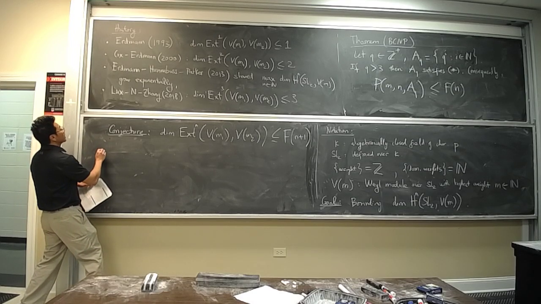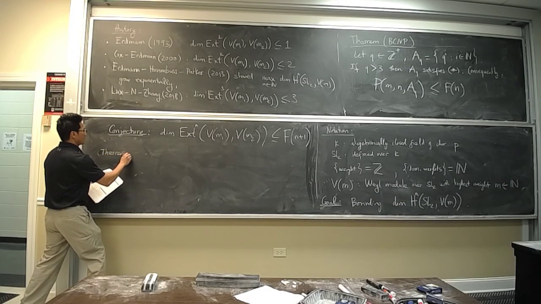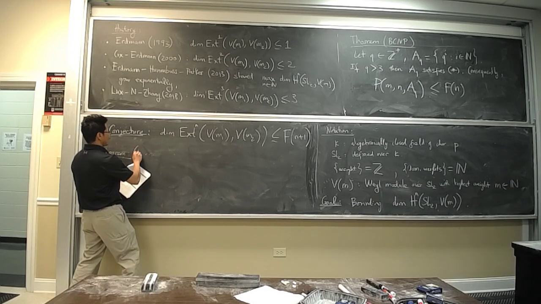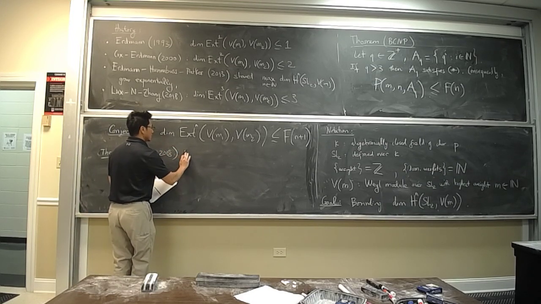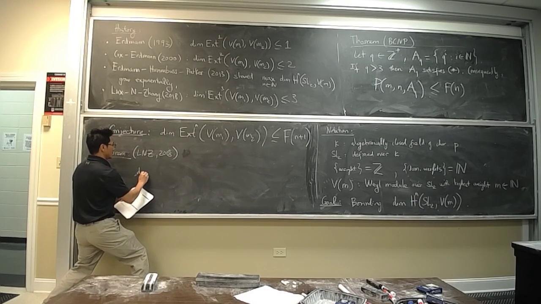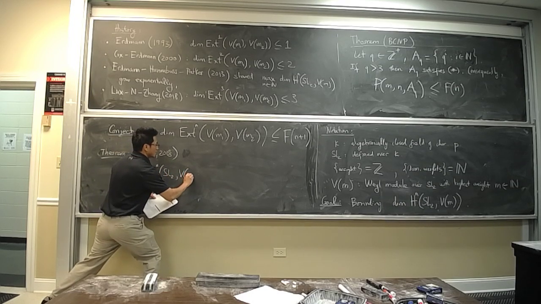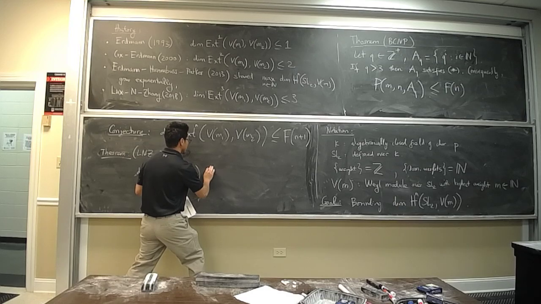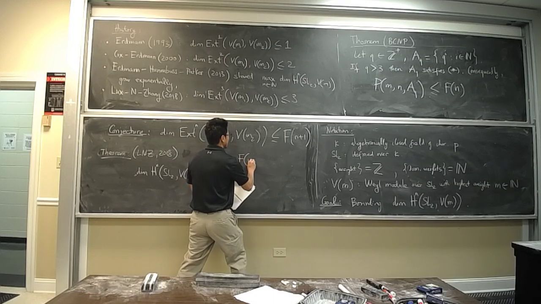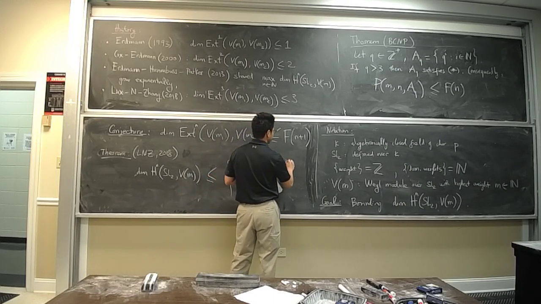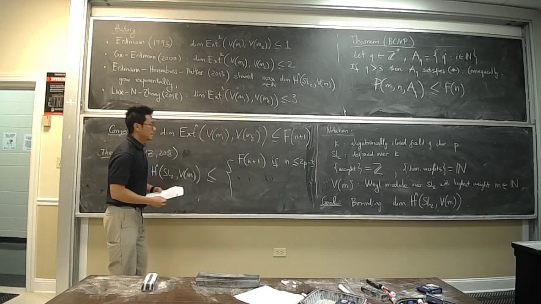We were able to show that the dimension of the degree n cohomology of SL2 with coefficients in V sub m is less than or equal to, there are two cases here, if n is less than or equal to 2p minus 3.